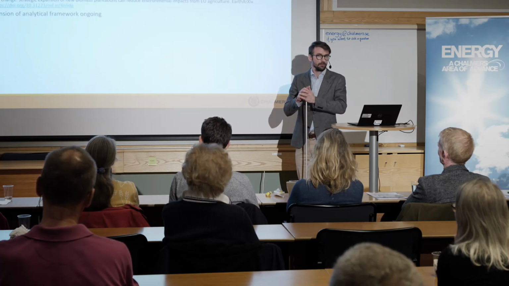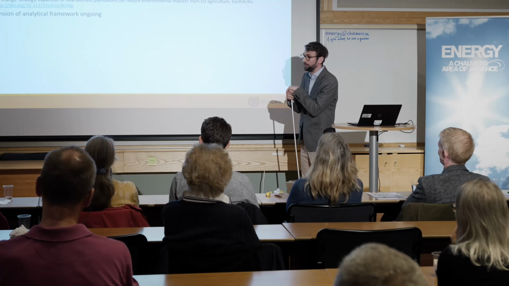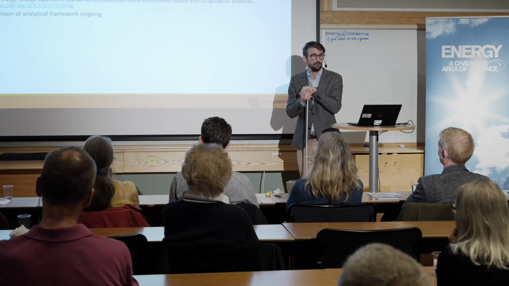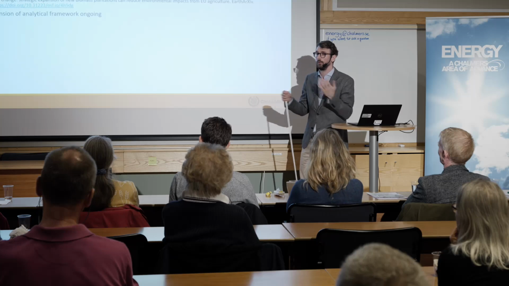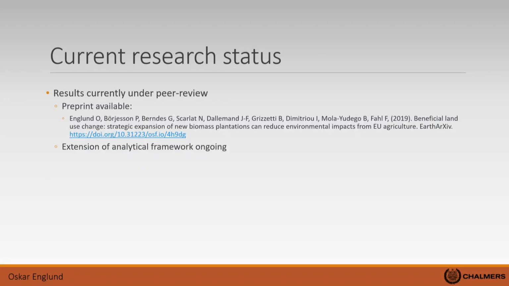The current status of this research is that it's under peer review, but there is a preprint available if you're interested in reading more about this, where the methods are also described in detail, and you have the link to that preprint here. I assume this presentation will be distributed online afterwards.